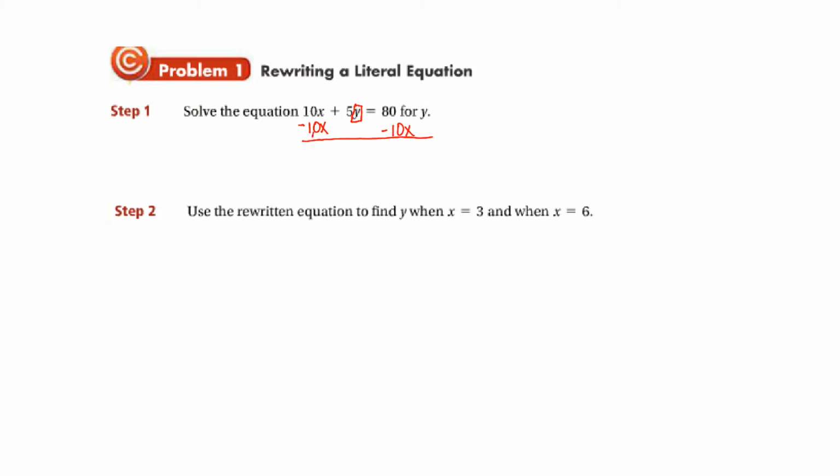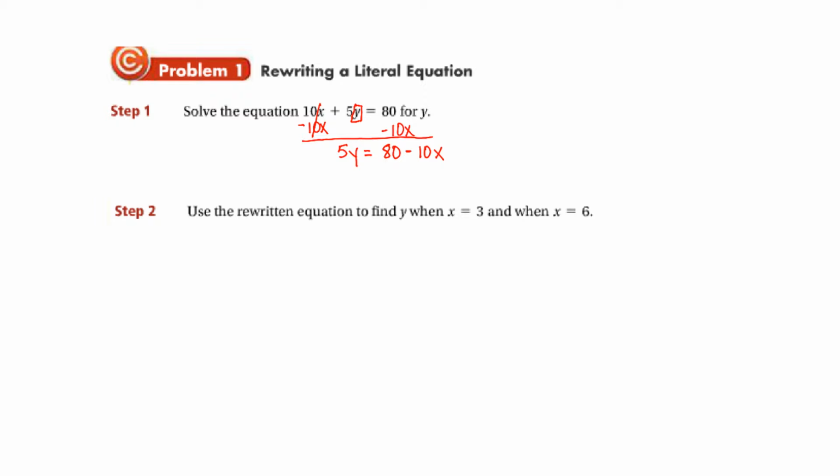So it zeroes out over here on the left, and it leaves me with 5y. And I can't combine 80 and negative 10x because they are not like terms, so I just write what it says. 80 minus 10x.